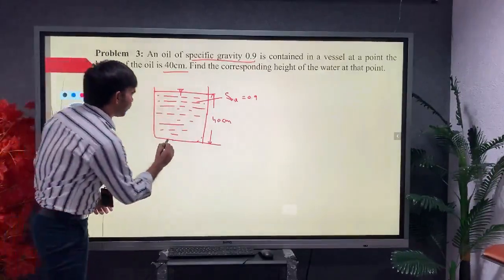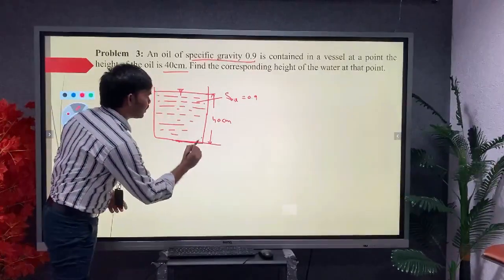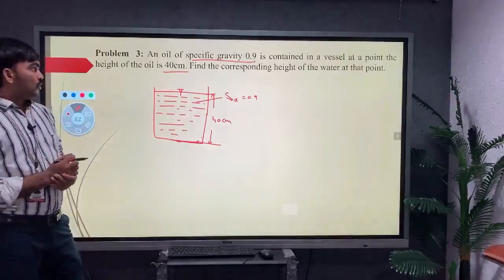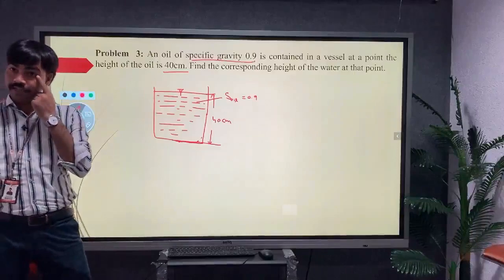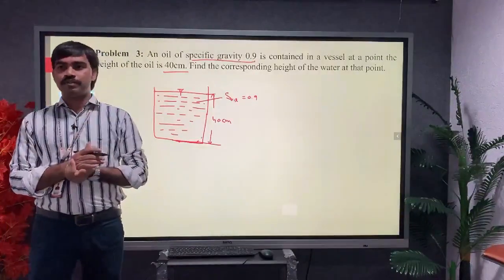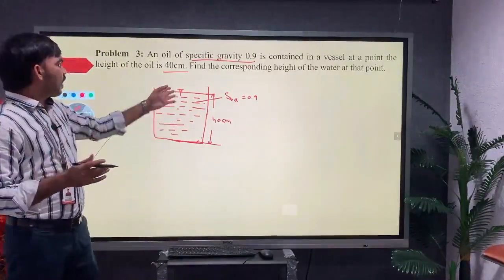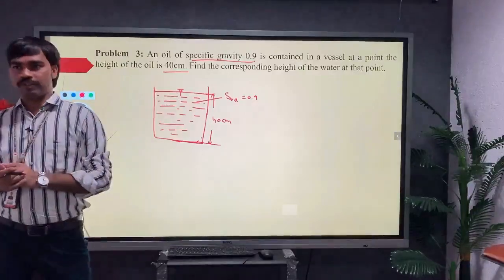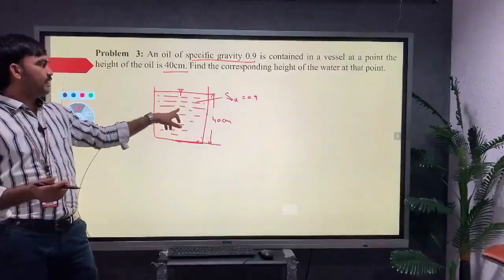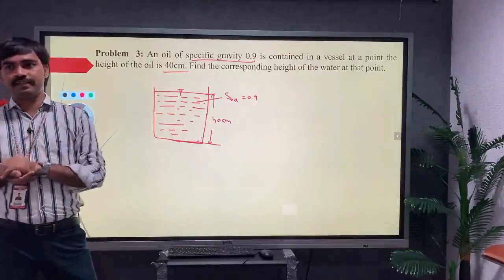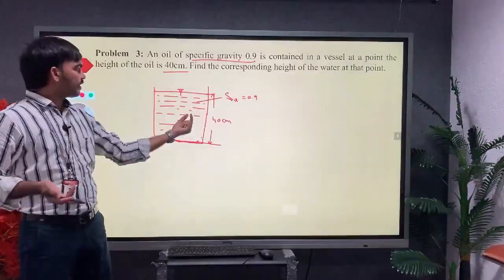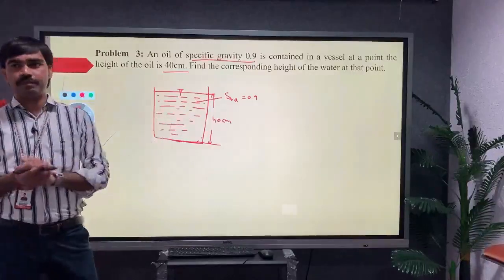It exerts some pressure at the bottom of the vessel. Corresponding height means the height needed to exert the same pressure. So if we replace the oil with water, what is the height of water to exert the same pressure exerted by the oil of specific gravity 0.9?